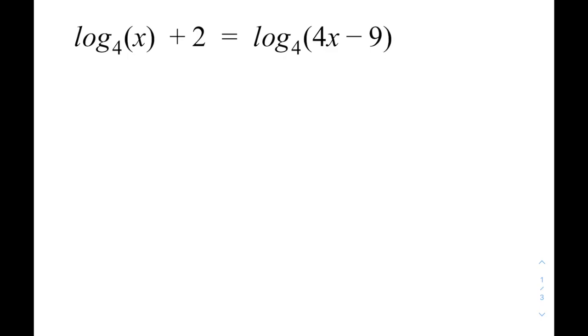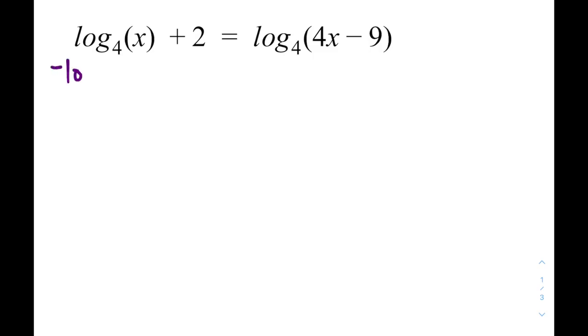We can't convert to exponential form right now, and we also don't have each term with a log, so we can't just drop the logs. We can't set what's in the logs equal because 2 is not a log. So what we actually need to do is what we always do first, condense. I can't condense anything because my logs are on different sides.